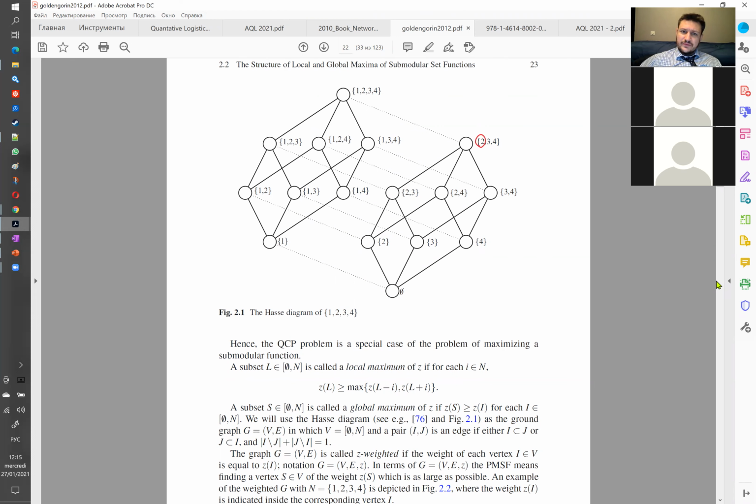Here we have 1, 4, and they're connected. And these two are also connected because they differ in only one. So we take an empty set, this one, and add elements. Then we add more elements and so on.